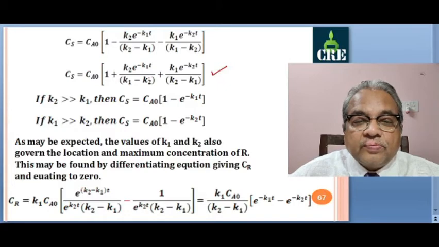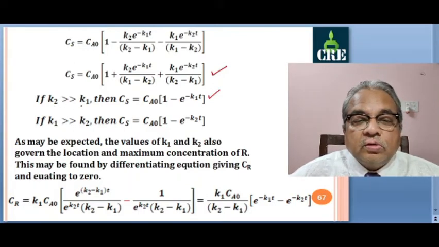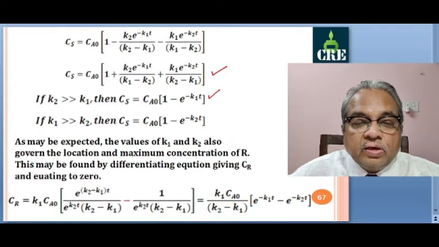Now K2 is high as compared to this, so we can neglect K1 as compared to K2. So K2 will cancel out here, and 1 minus, so this minus sign will come from here. So CA0 into 1 minus e raised to minus K1t when K2 is much greater than K1.